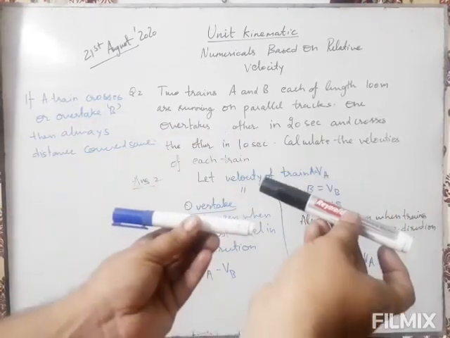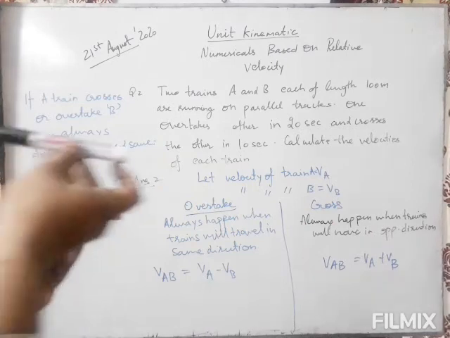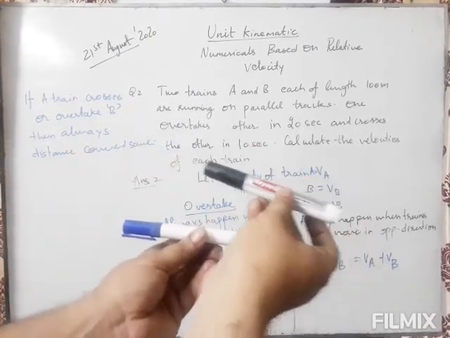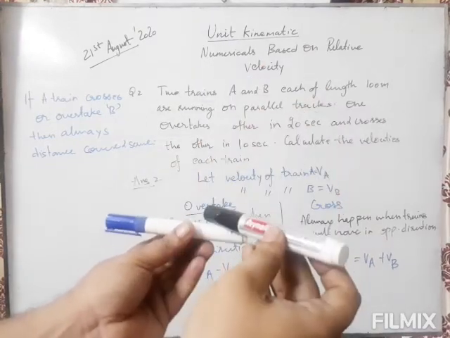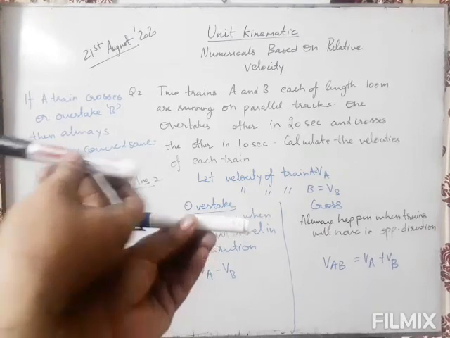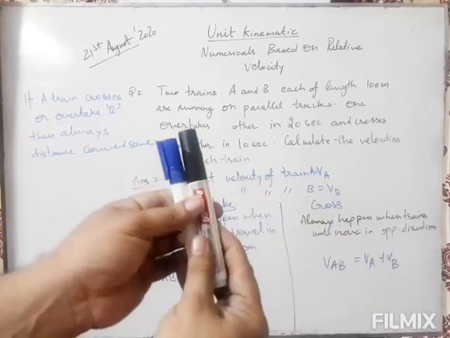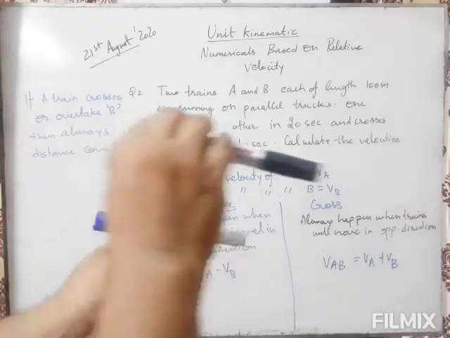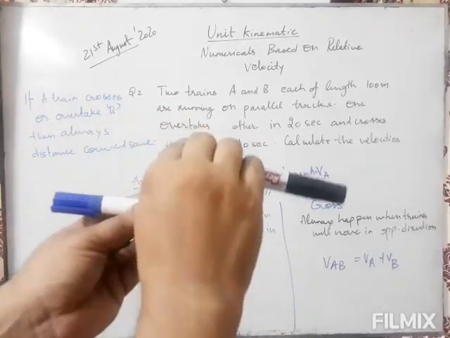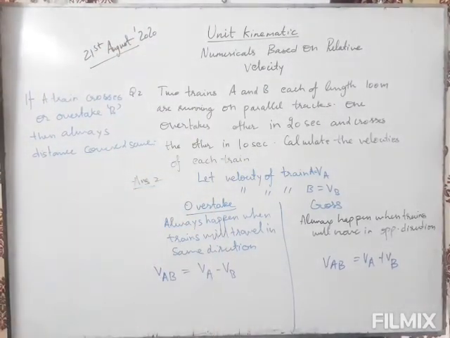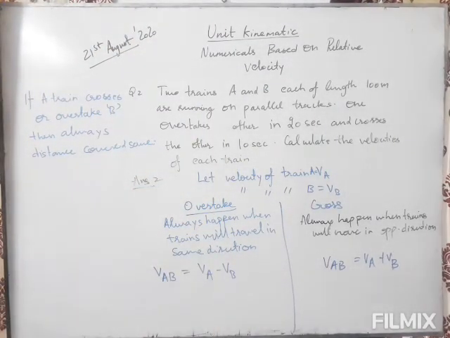During overtaking they are traveling in the same direction, and the black marker has to travel its own length and the length of the blue marker in order to overtake. So the total length of the two will be added in overtaking. Similarly in crossing, when they are traveling in opposite directions, again the body has to cover its length and the length of the other body. So the distance will be the same in both cases.